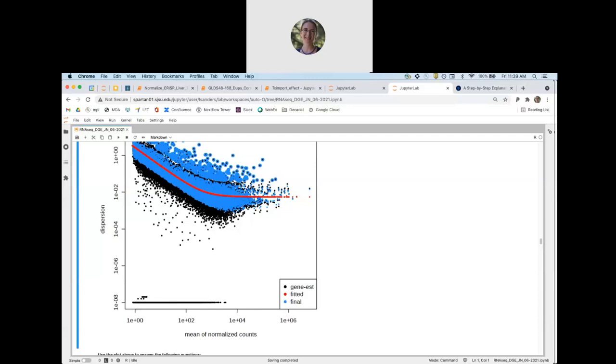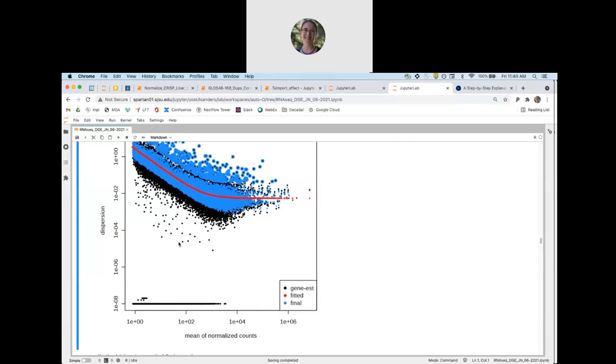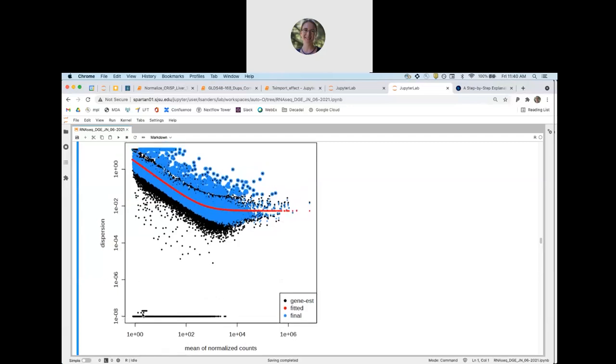There's a negative correlation between the mean and the dispersion up to a point, then it kind of plateaus. Yeah, exactly, Nicholas. As the dispersion goes up, the mean goes down. Or as the mean increases, the dispersion goes down.